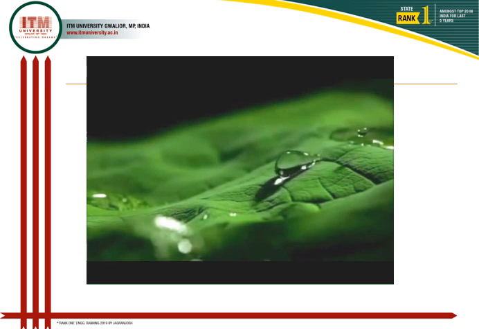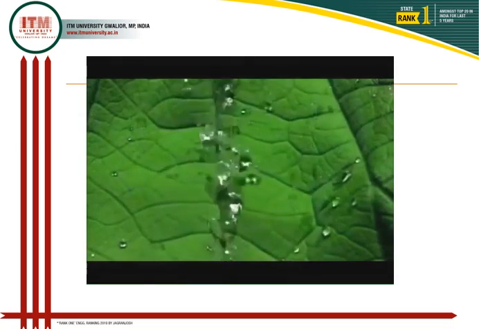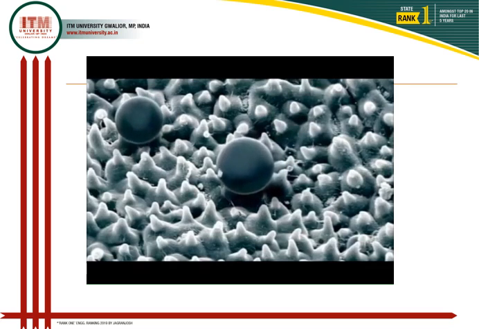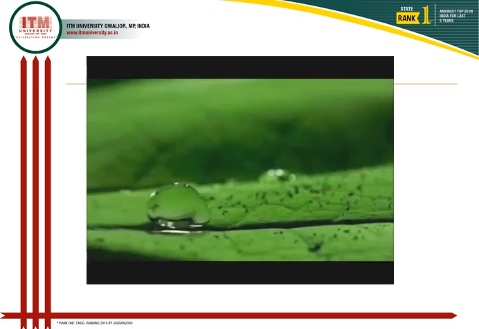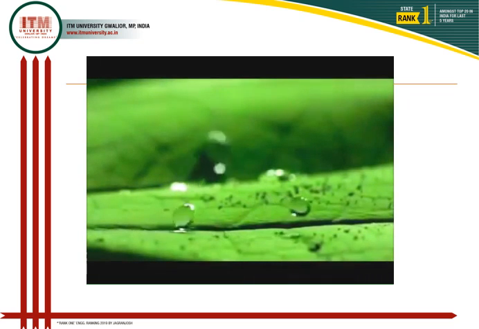You can see the droplets are there on the lotus leaf. This is a lotus leaf. You can see how interesting the pictures are. The droplets cannot stay on the lotus leaf. Now here the magnified image is shown for the lotus leaf.